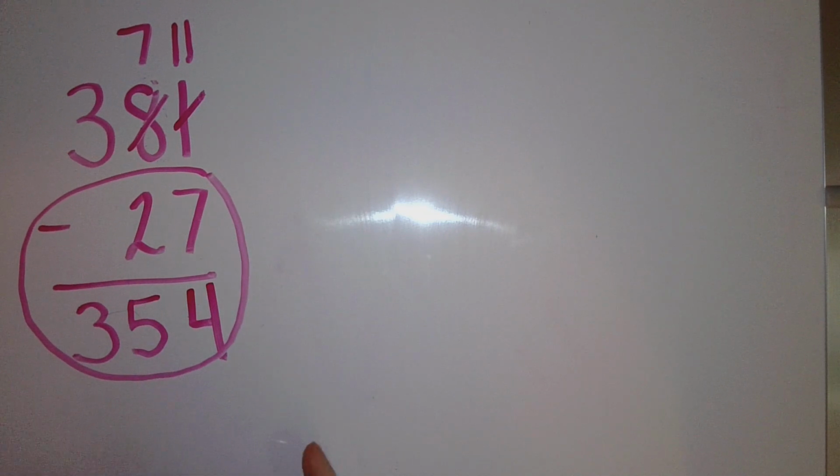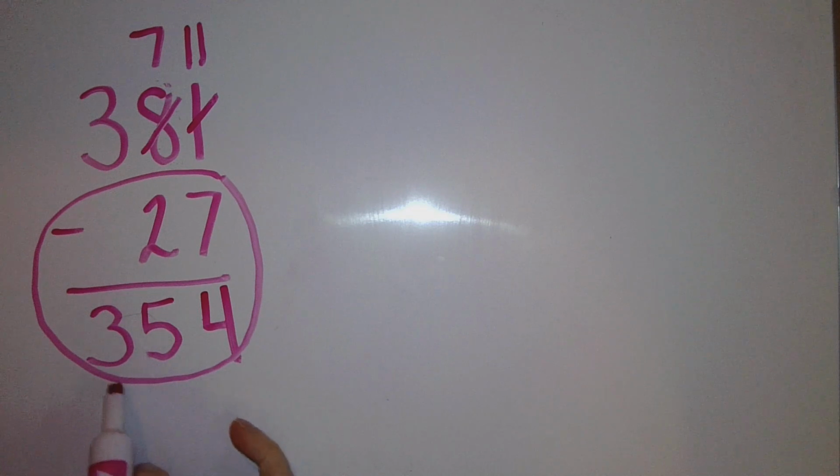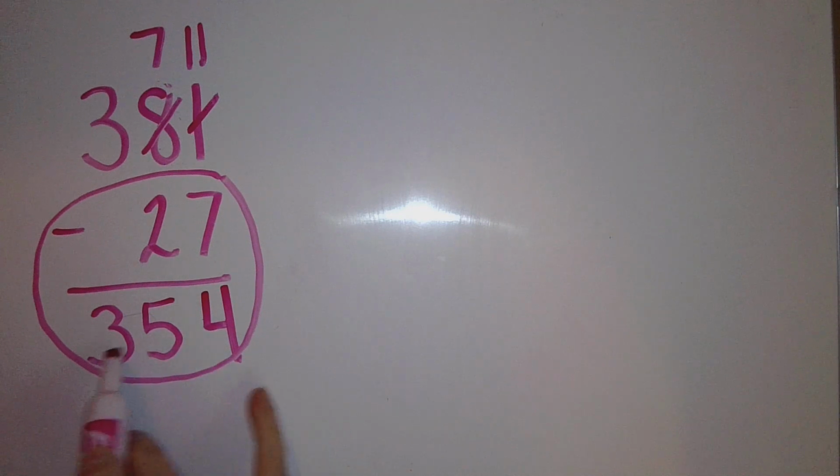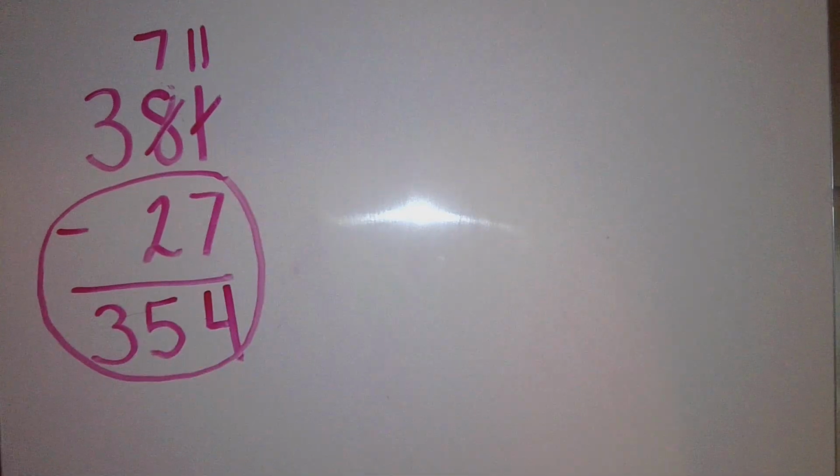Now, they know that when they add, it does not matter which number goes on top, unlike in subtraction. However, I tell them, because of how my brain works, I need to put the 3-digit number on top of the 2-digit number. That's just how my brain works. If it's easy for them to put 27 on top, they are more than welcome to do it that way.